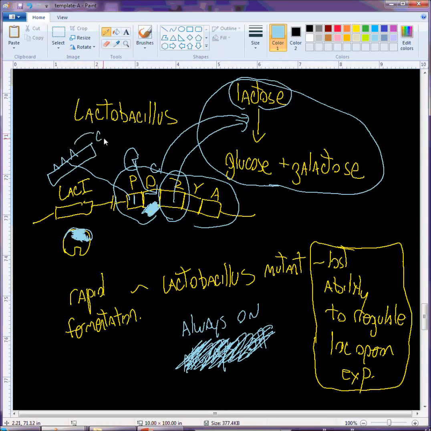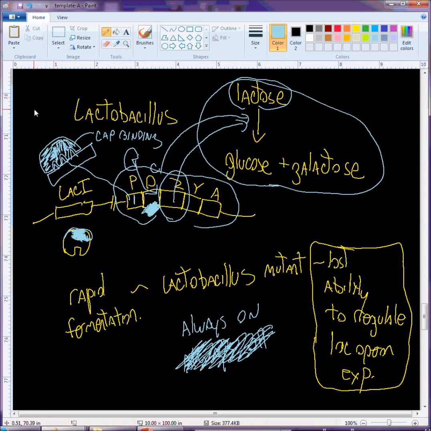So this is the cap binding site, and cap binding is when it binds, it enhances the ability of RNA polymerase to bind the promoter. And perhaps we could have a mutant cap protein that is always bound to the cap binding site, so it doesn't need cyclic AMP anymore. Okay, that would be a possibility too.